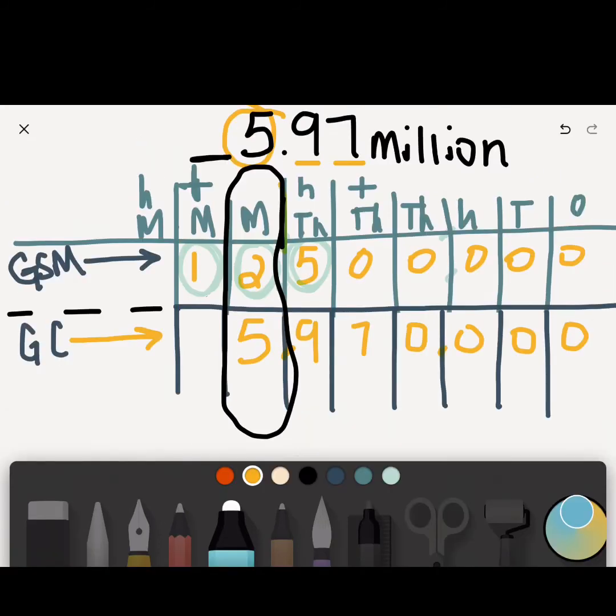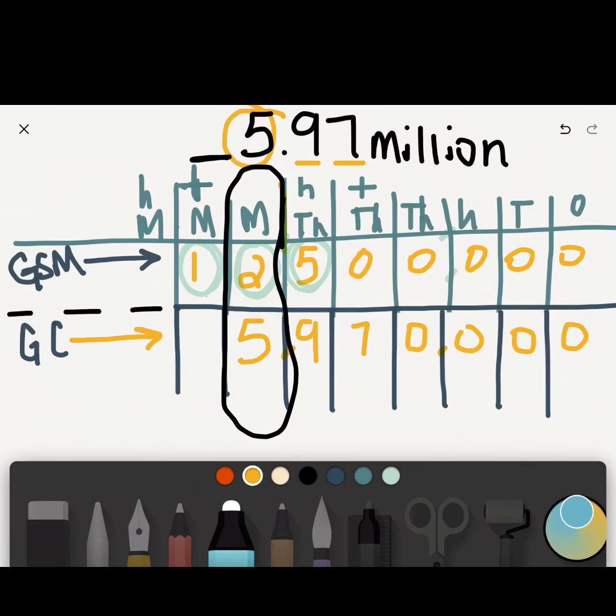Okay, so my place value chart gives me evidence that one of my numbers is larger than the other. So by taking out the decimal and writing each digit in its place value, I can see that the Great Smoky Mountain Range has a larger number of visitors in 2019 compared to the Grand Canyon.